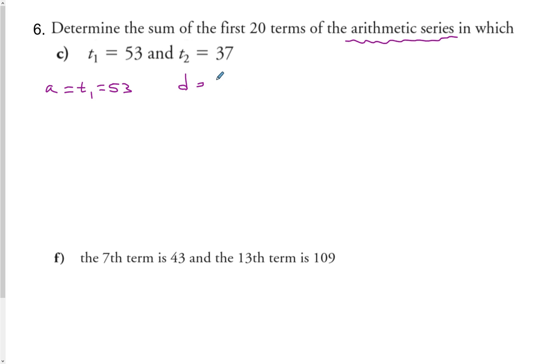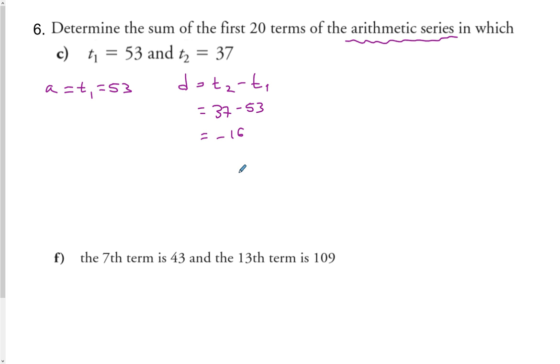My common difference, if it's an arithmetic series, will just be subtract any two terms, the latter one minus the earlier one, and we should be able to get the common difference between those. So we'll go 37, which is our later term, minus 53, our earlier term, and we should end up with minus 16.